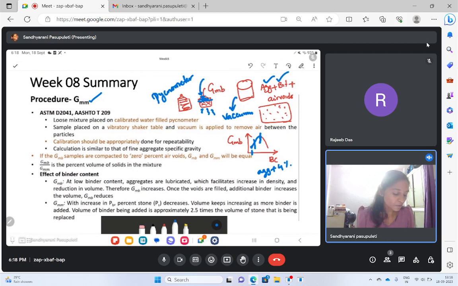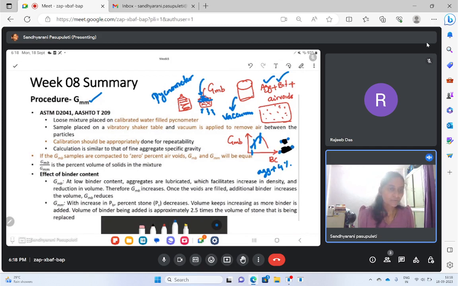After a particular amount of bitumen content, if you add bitumen into this aggregate mixture, there are aggregate particles and in between there is bitumen. So what happens if the bitumen amount is more? Bitumen will be more and it tries to keep the aggregate particles apart.